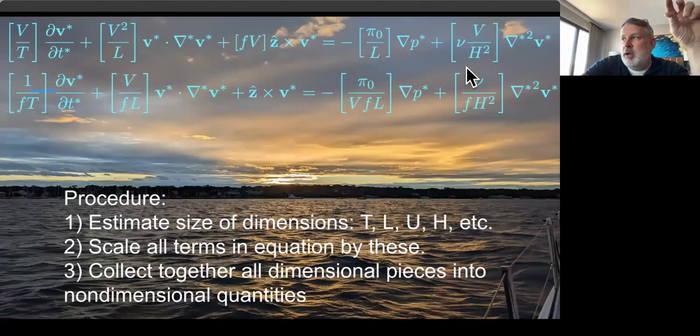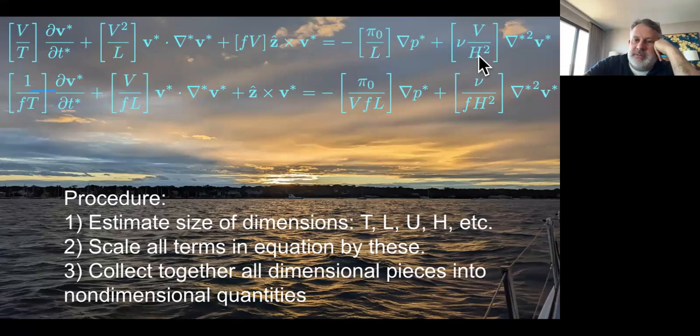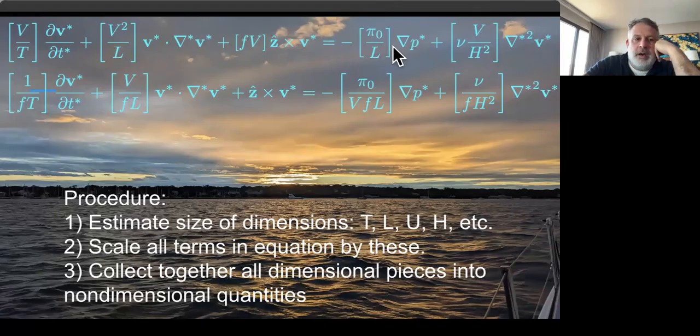And it's an even smaller aspect ratio when you're thinking about just the Ekman layer, which is maybe 100 meters or 10 meters deep and 10,000 kilometers wide. So if I'm dividing by a big number, I get a smaller number. If I'm dividing by a smaller number, I get a bigger number. So this is the dominant term out of this derivative, which has both horizontal and vertical derivatives in it.